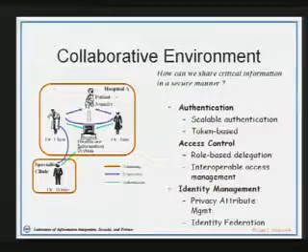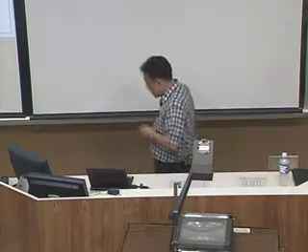And also these days, we look at identity management. Let's say you have various healthcare providers, and each healthcare provider might have various users, a huge number of users. Then how can we control and manage the identities for the entities in this kind of domain? So we look at the identity federation issues.